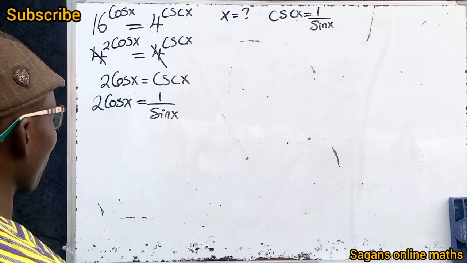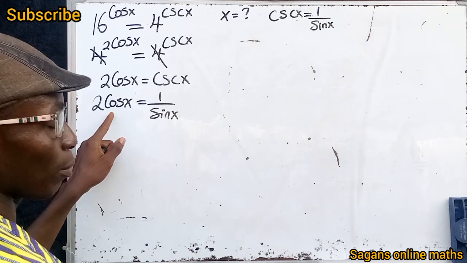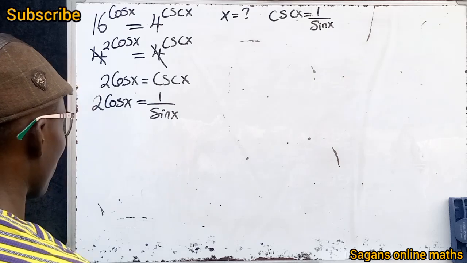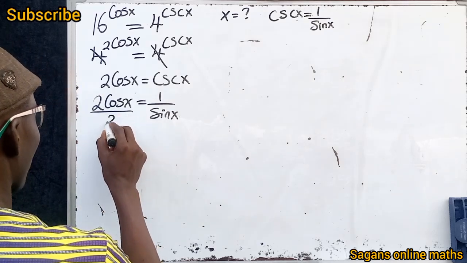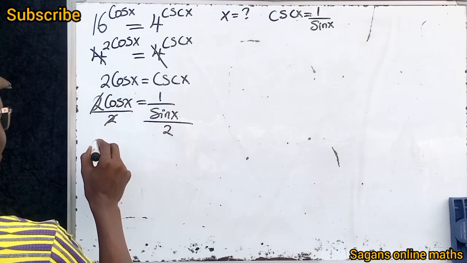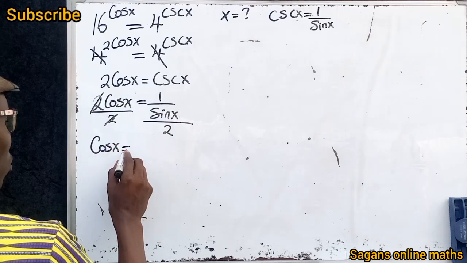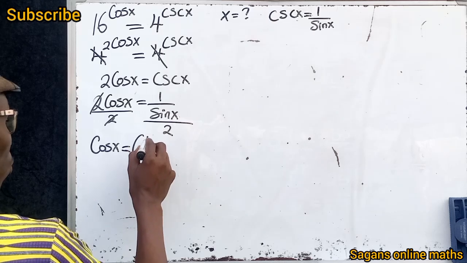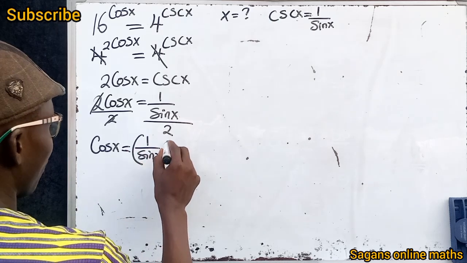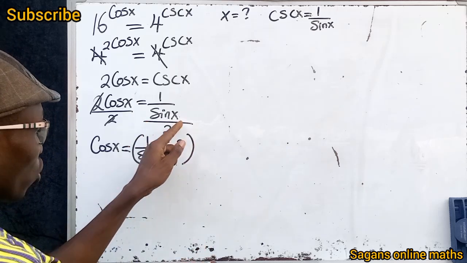Now what we're going to do is divide both sides by 2. You can either divide both sides by 2 or cross multiply, but let's divide both sides by 2. If we divide here by 2, we also divide the other side by 2, and the 2 will go out. Now cos x equals 1 over sine x, then divided by 2. You can see this division sign, which is 2.